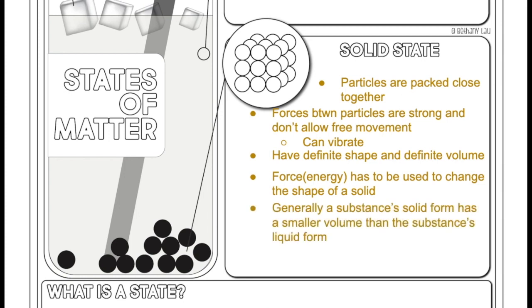Generally, a substance's solid form has a smaller volume than the substance's liquid form, and what that means is that it would be more dense if you had the same amount of mass. Okay, so it would have a smaller volume, thus it would be more dense. Examples of solids that we see occurring naturally are most metals.